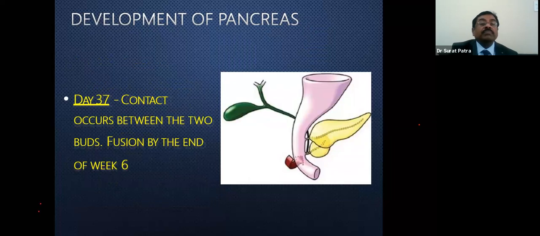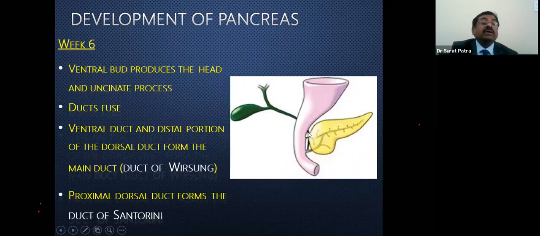Day 37, contact occurs between the two buds and thereby fusion by the end of 6 weeks. The ventral bud has rotated clockwise and the fusion has occurred. By week 6, the ventral bud produces the head and uncinate process.